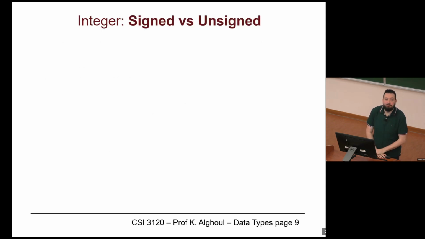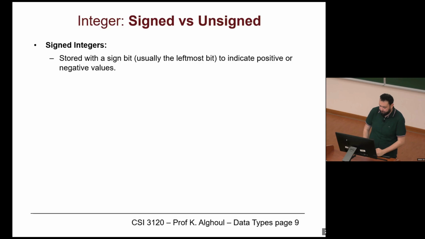If I have the signed, as we said, it's stored with the sign bit to indicate a positive or negative value. If I'm defining something as byte, what is a byte? How many bits? 8 bits. Why are we even talking about these things?